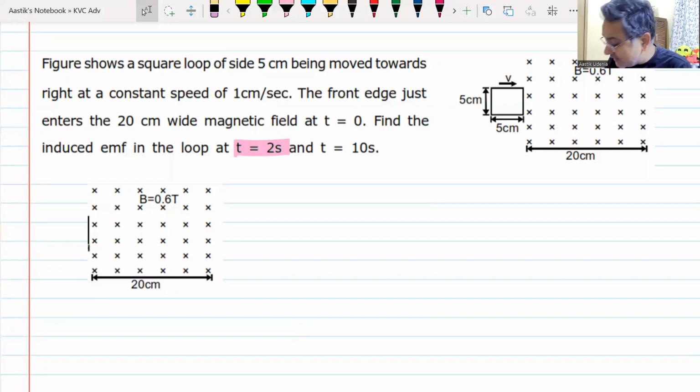At time 2 seconds, some part of the loop is inside and some part is outside. The loop is something like this.